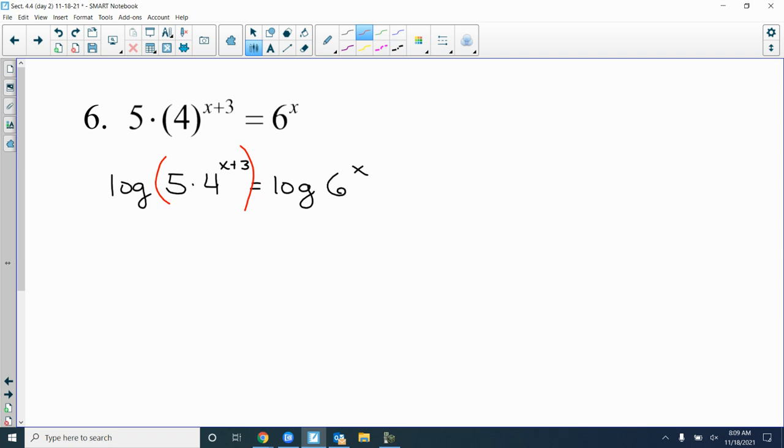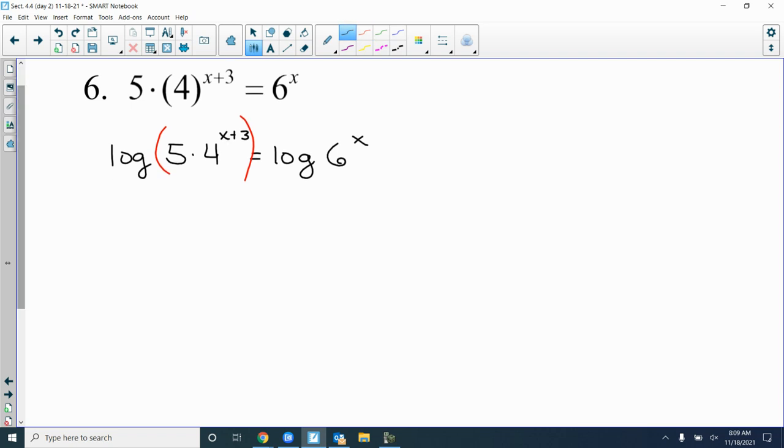This is a little complex expression we're taking the log of. There's a product in there, 5 times that. So since there's a product, you have to split it up as a sum, and it becomes the log of 5 plus the log of 4 to the x plus 3.